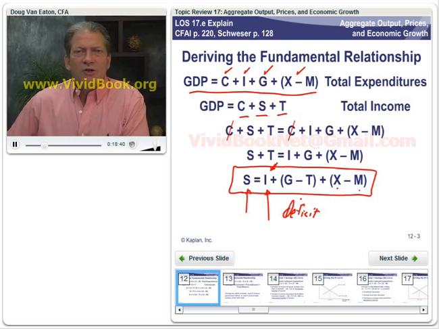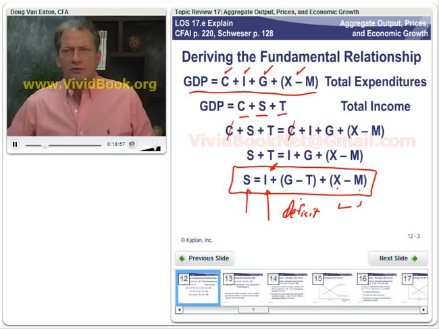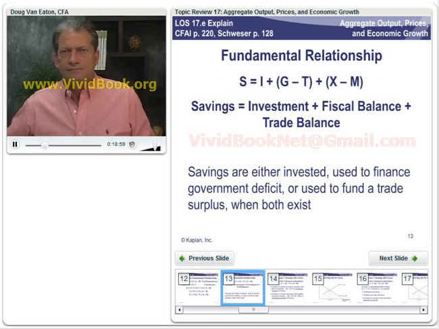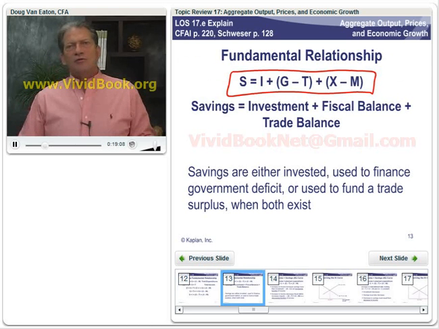It either goes for business investment, or it goes to buy government bonds to fund the deficit, or it could go to fund this exports over imports. So there is that other big deal relationship that we're going to see. Savings equals investment plus fiscal balance plus trade balance.